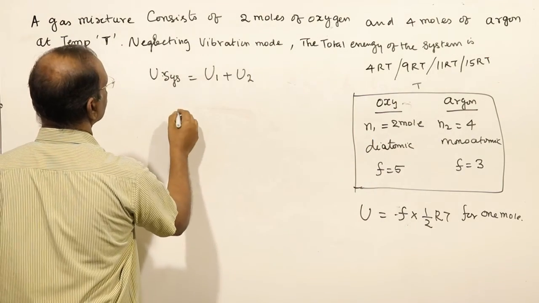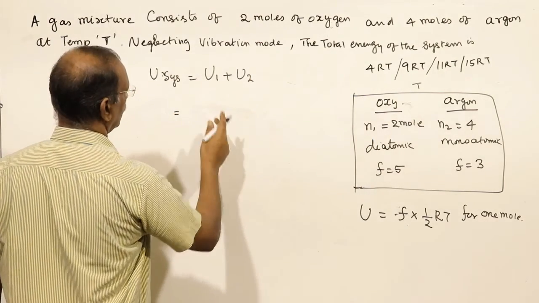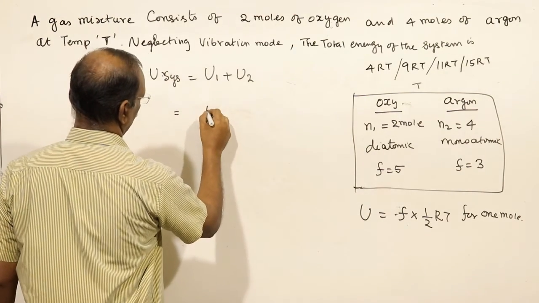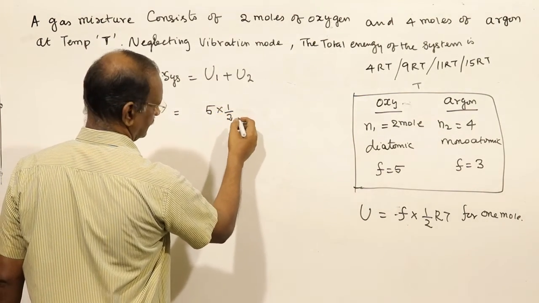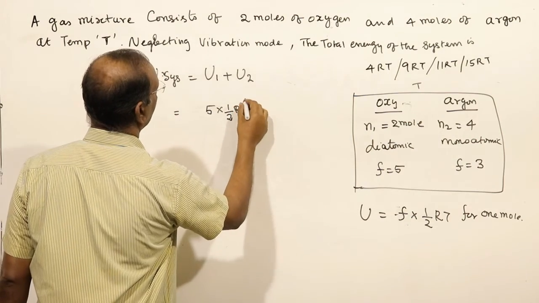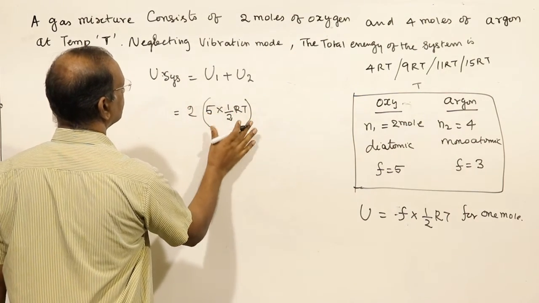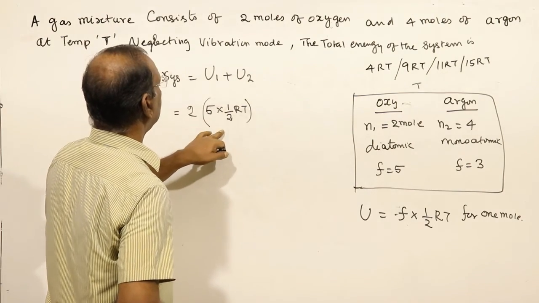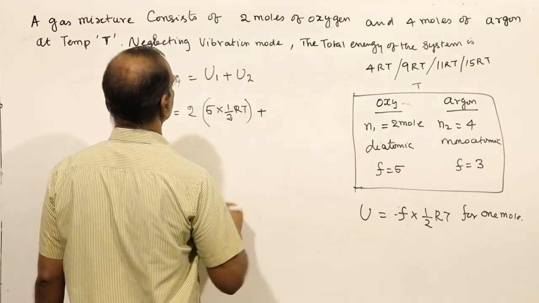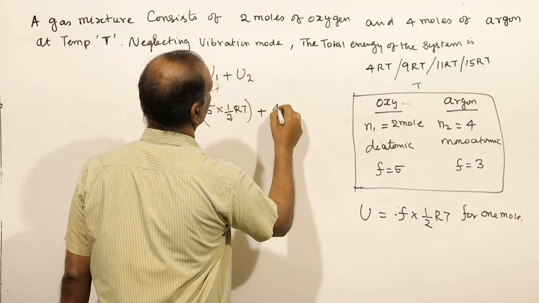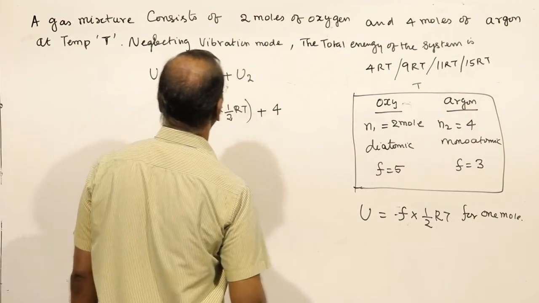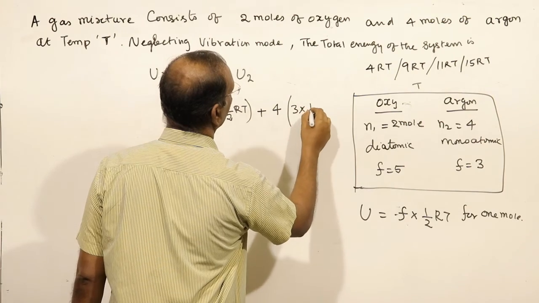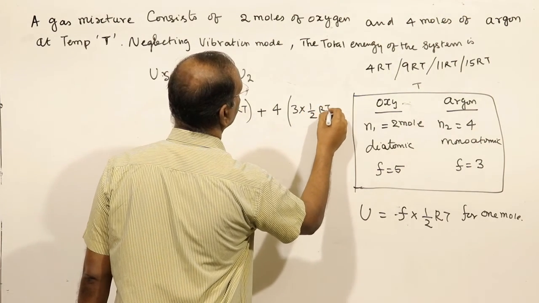So the energy of oxygen per mole, with F equal to 5, is 5 into half into RT, and it has 2 moles, so multiplying 2 by the energy of 1 mole. Plus, argon has 4 moles, and its degree of freedom F is equal to 3, so 3 into half into RT.